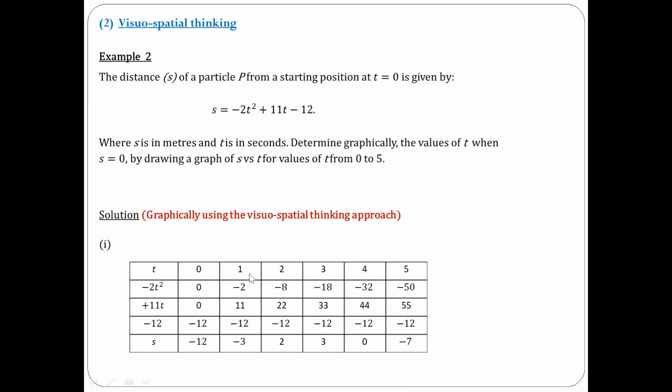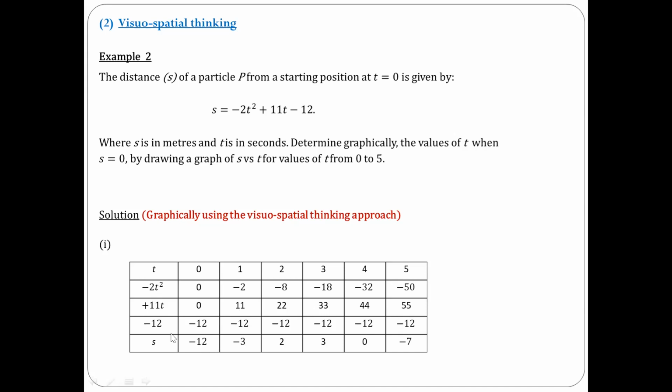Like, for example, I'll just look at t is 1. When t is 1, minus 2t squared is negative 2. Plus 11t is actually 11, because it's 11 times 1. And then minus 12. And then when you sum these 3, minus 2 plus 11 is 9, and 9 minus 12, you get minus 3.